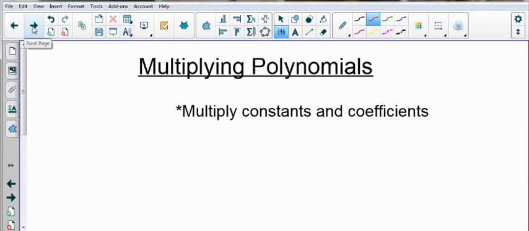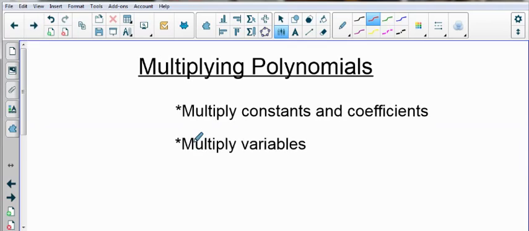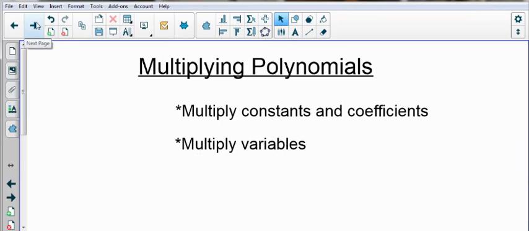And after you multiply all your constants and coefficients together, then you multiply all of your variables. But when I say you multiply these variables, they have to have the same base. They do not have to have the same power, but they do have to have the same base when you're multiplying. Remember, when you add and subtract, they have to have the same base, same power. But when you're multiplying, they only have to have the same base.